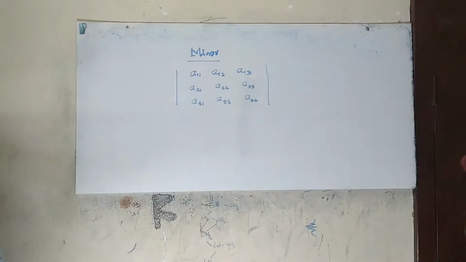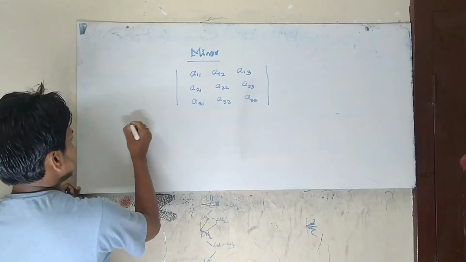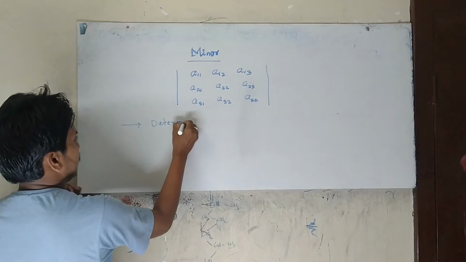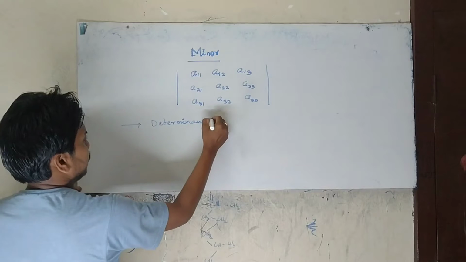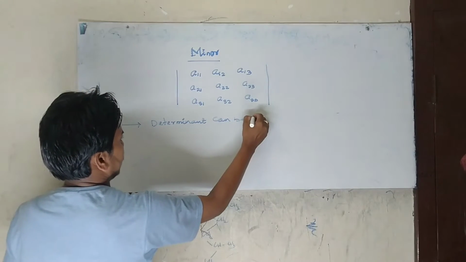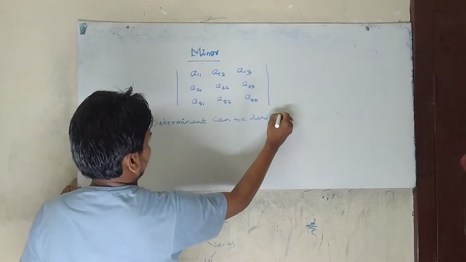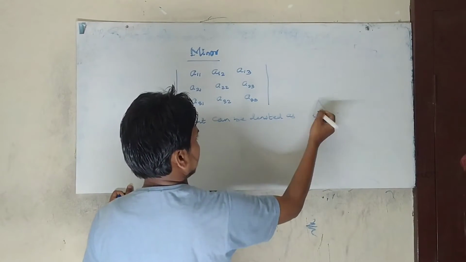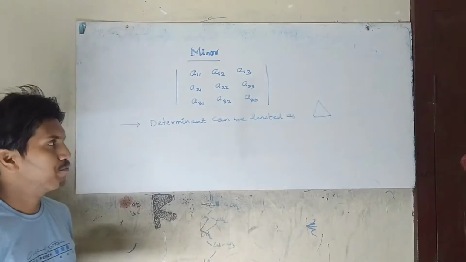Any determinant can be denoted as delta. This is called delta.